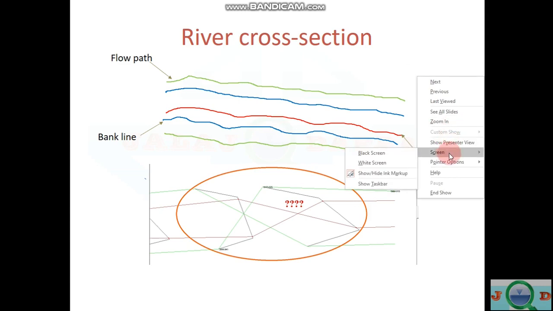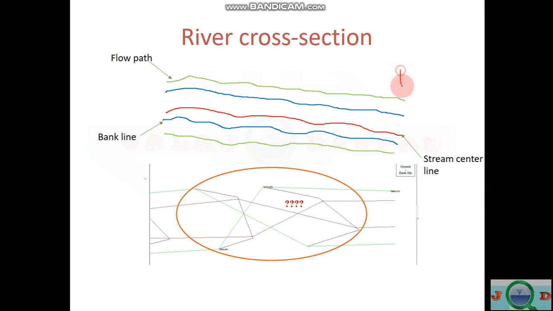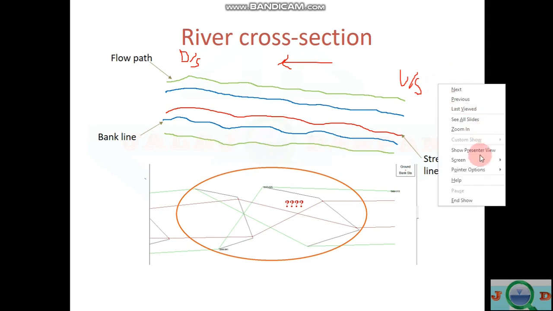If I draw that here, I name this as upstream and downstream. So water is flowing from here to here. All are defined: the stream center line, the bank line, and the flow path line.